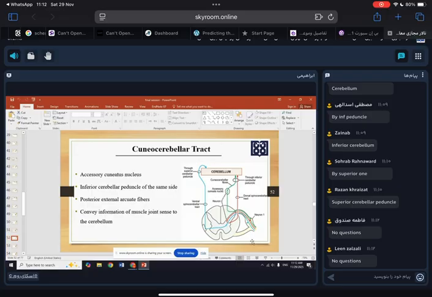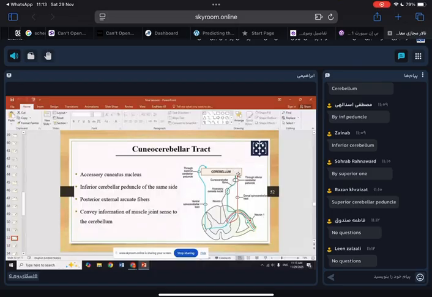We call it the accessory cuneate nucleus. It means the information came to the spinal cord and then goes to the medulla oblongata, and after that it goes to this nucleus, the accessory cuneate nucleus. What happens after that? They make the posterior external arcuate fibers and the information goes into the cerebellum.